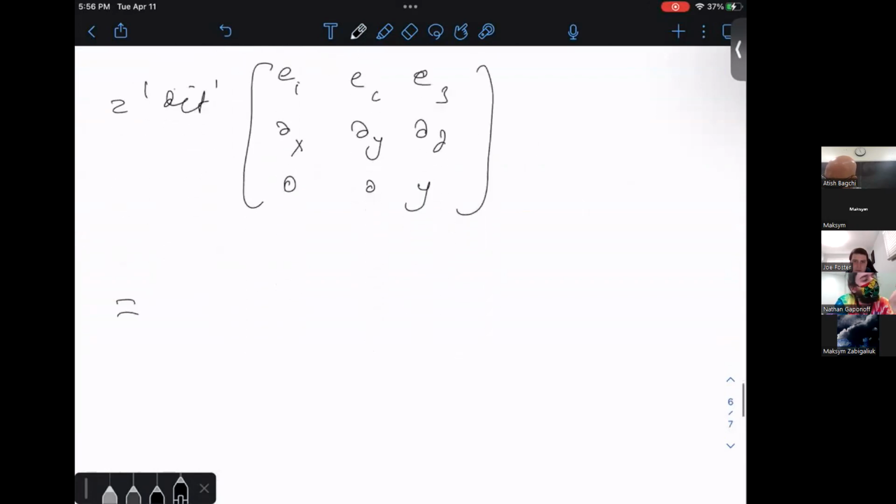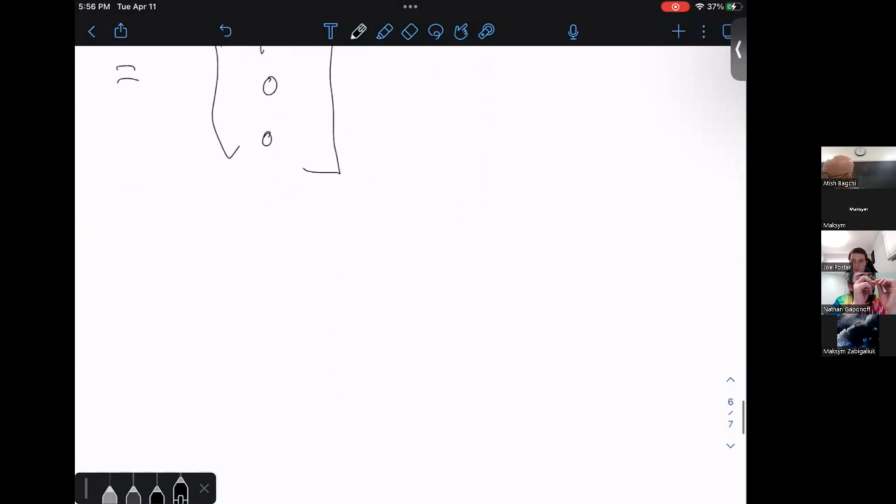I've calculated this before, so we can do this quickly. E1 gives me 1 minus 0, so 1, 0, 0. So E2 is 0, E3 is also 0. Yeah, and now I have to, and let's see.